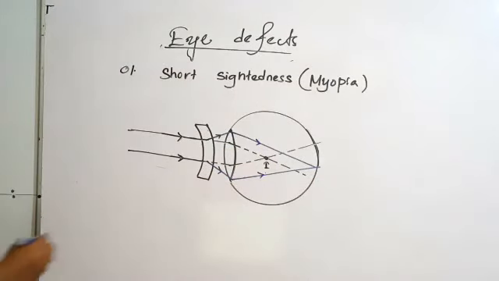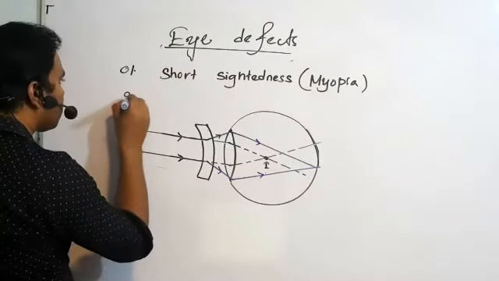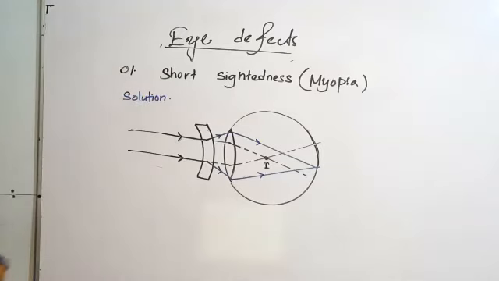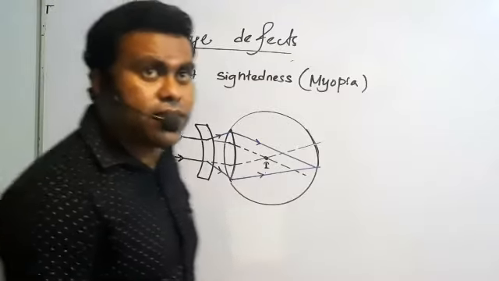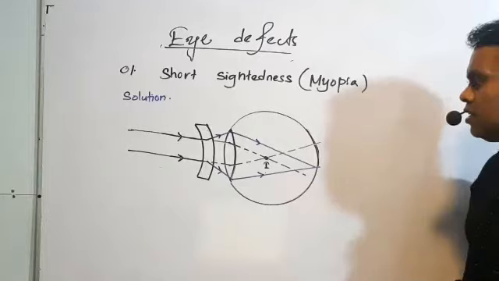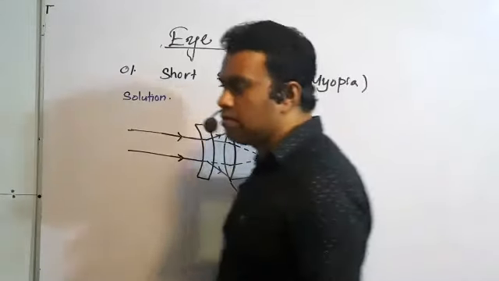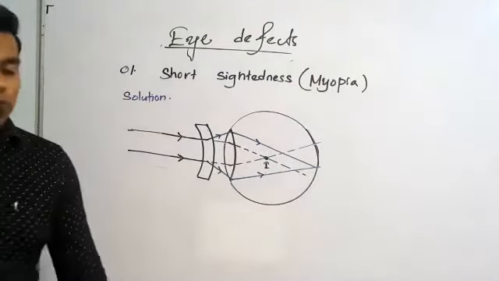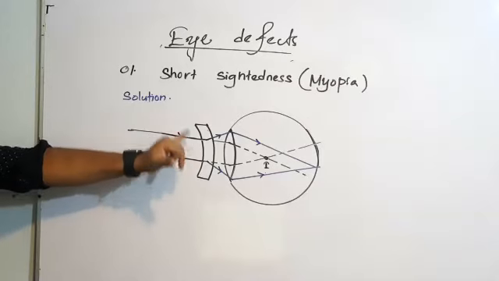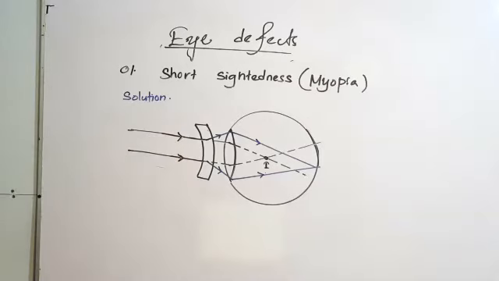Okay, write the solution. Short-sightedness can be avoided by wearing spectacles with concave lenses.